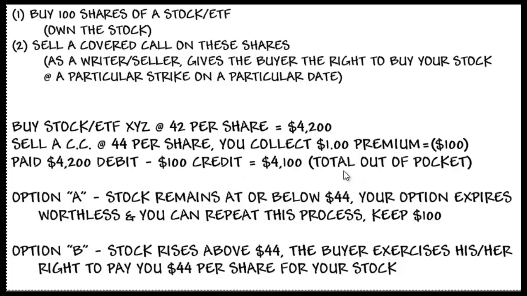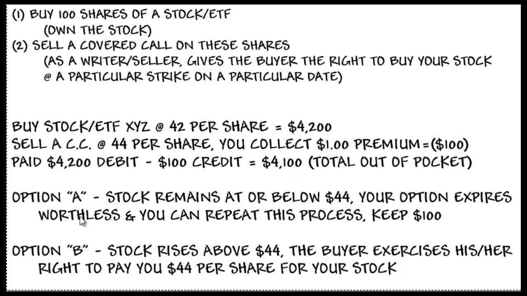So total out of pocket would be $4,100, when we take the $4,200 debit to purchase the stock, and then we receive the premium of $1, which is $100 after we multiply it by 100 shares, and this is a credit. So our total out of pocket is $4,100.